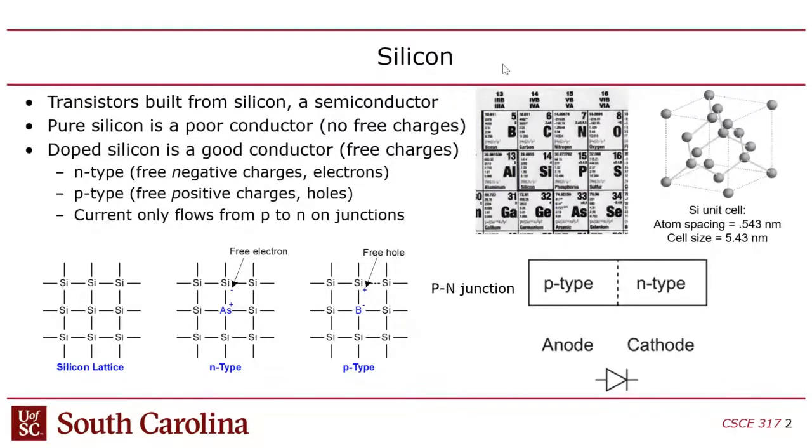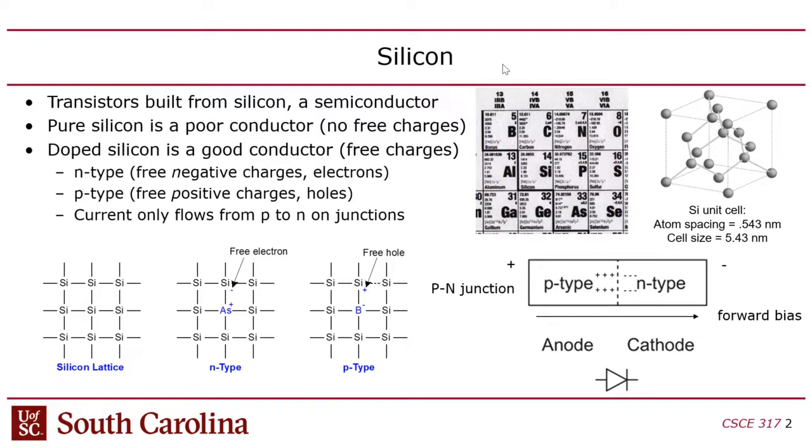And also, if you push p-type and n-type silicon up against each other, it creates a diode that will only conduct current from the p-type to the n-type, which is referred to as a forward bias. That'll happen when the p-type side, the anode, has a positive voltage relative to the cathode, which is the n-type.